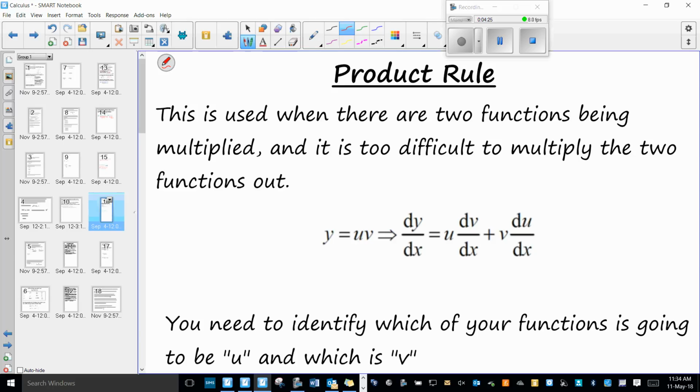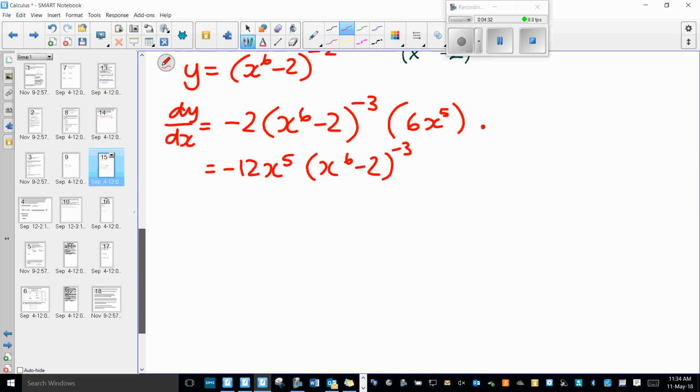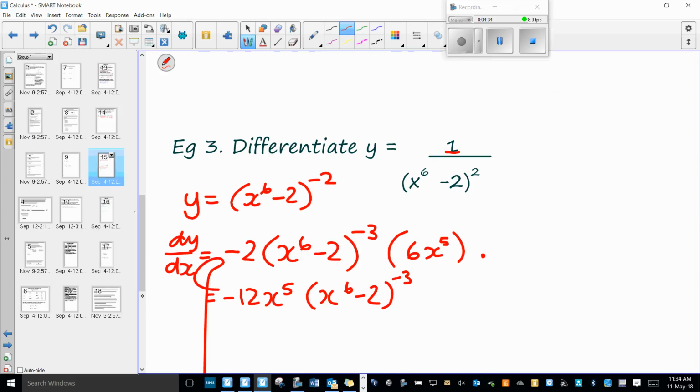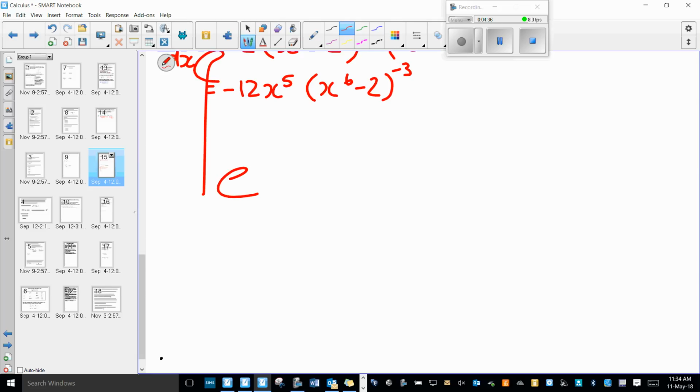So what's happened is when we had things like e to the 2x squared plus 5, do you remember we differentiated it as though it was itself? We had e to the 2x squared plus 5. And then what did I say you had to do?